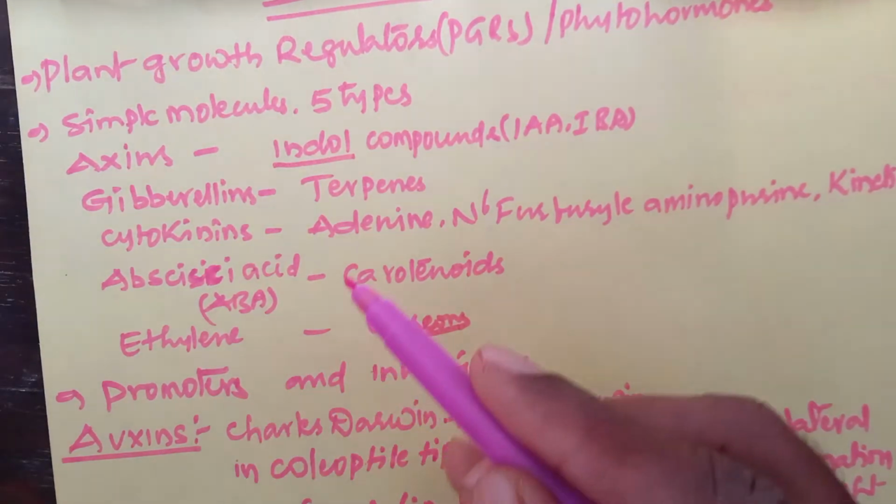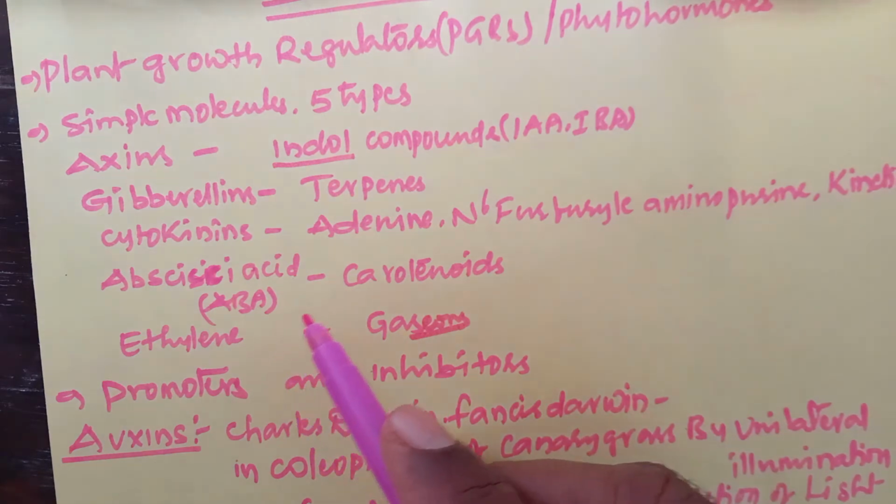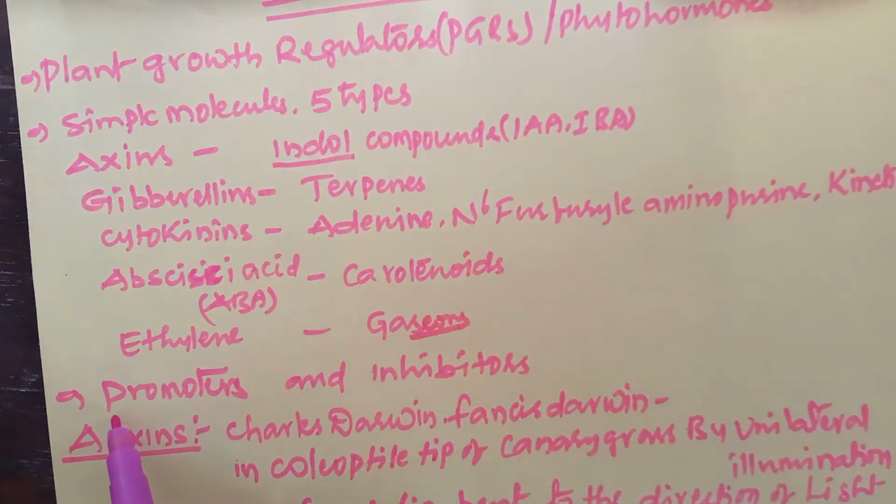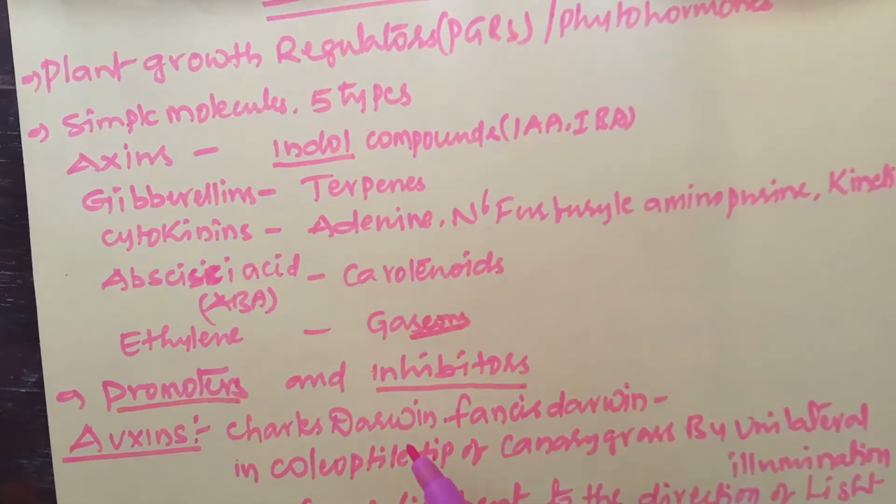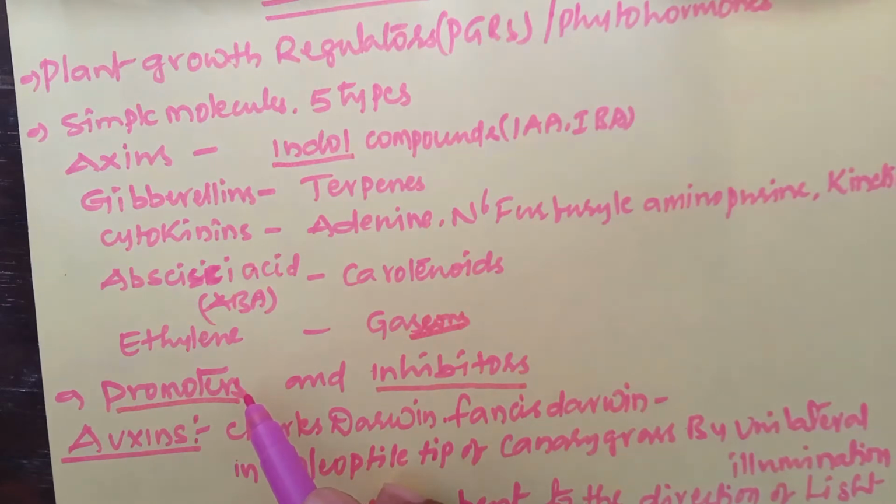Now come to the hormones. Plant growth regulators are again classified into 2 types: plant growth promoters and plant growth inhibitors. The hormones useful for growth of the plant body are called plant growth promoters.